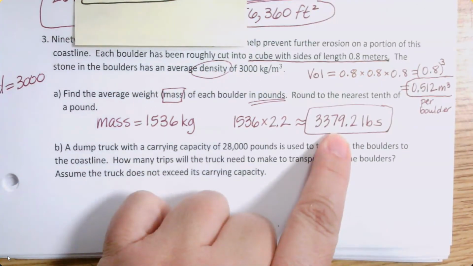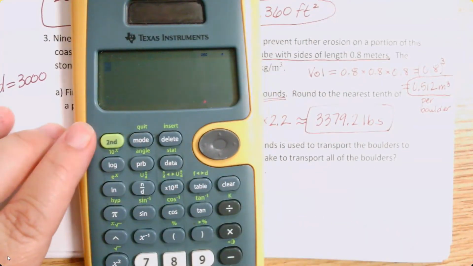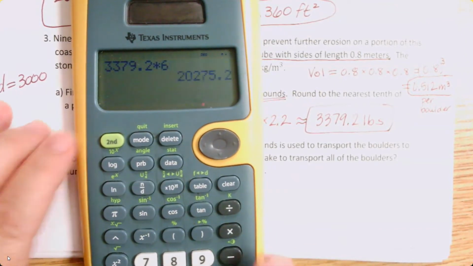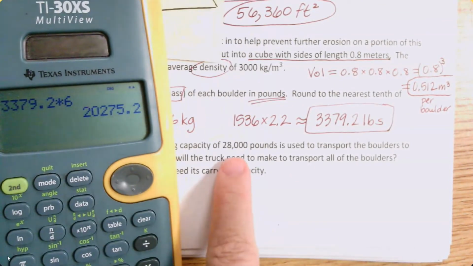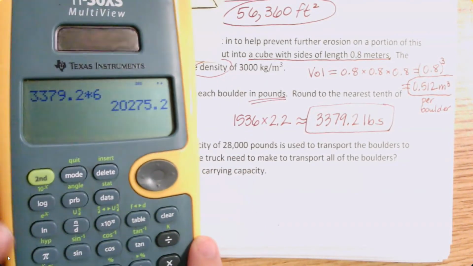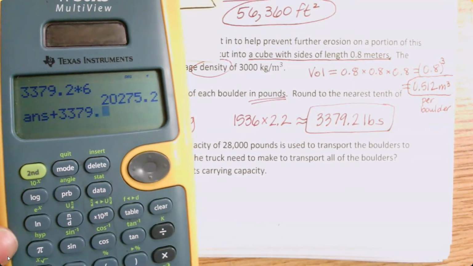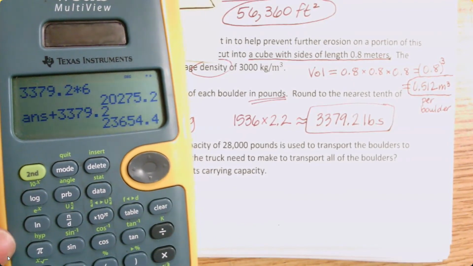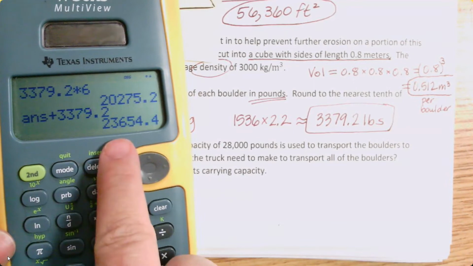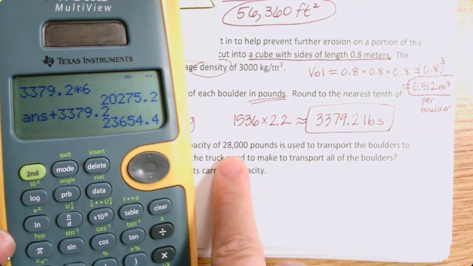Each boulder weighs this amount, so 3379.2 times 6. Could I do that? Yeah, that's less than 28,000. So I've still got some more room, so let me add another boulder in there. So maybe 7 boulders would be a good amount per load. Well, 23,654 is still less than 28,000. So yeah, we could do 7 boulders in each load.